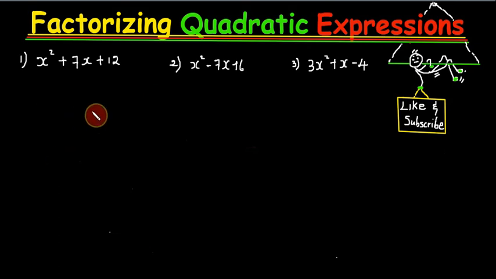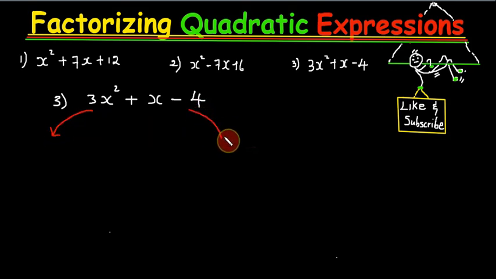Alright, so for the third example, we have our quadratic expression 3x squared plus x minus 4. By now, you know what you have to do. So the first thing, we write our head and we write our tail.